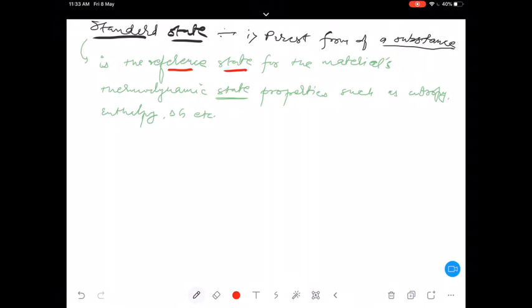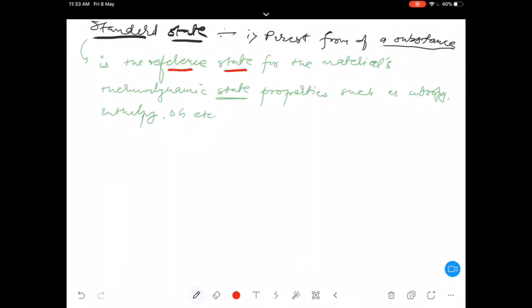So here we are saying that this is not one of the most stable, but the most stable thermodynamic state of the given substance. Generally for a compound we will use that it is the most stable thermodynamic state of that material, that is called the standard state.